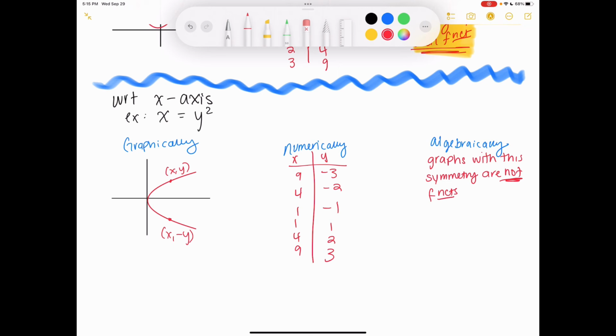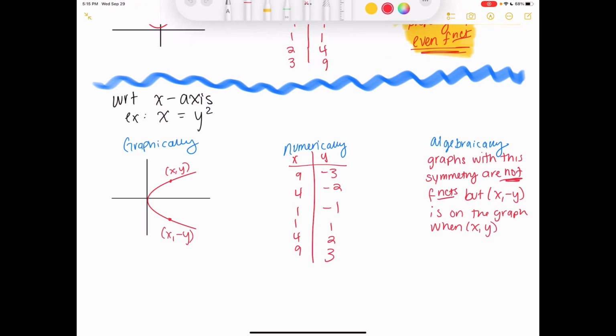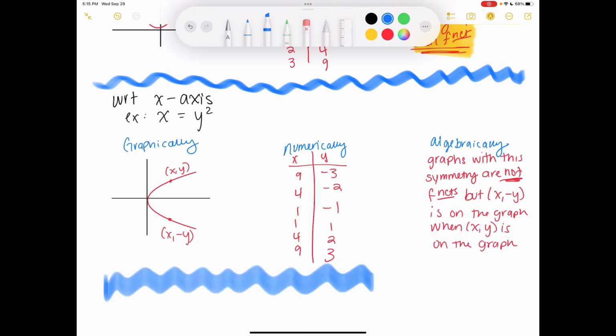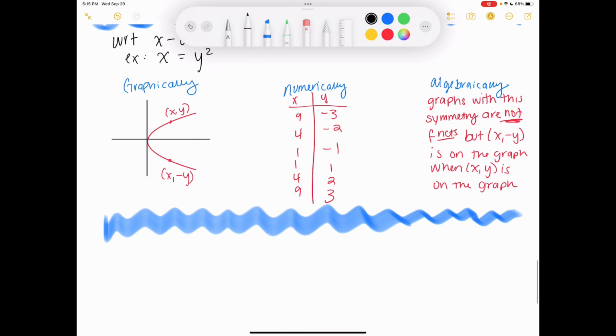Because it does not pass the vertical line test, but x, negative y is on the graph when x, y is on the graph. I'll leave that for a second and then you may want to pause it.